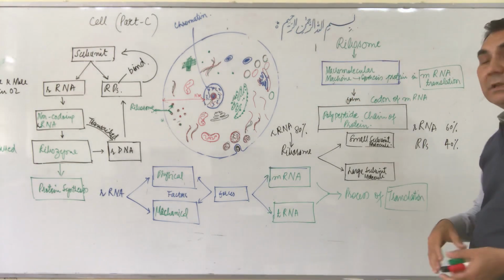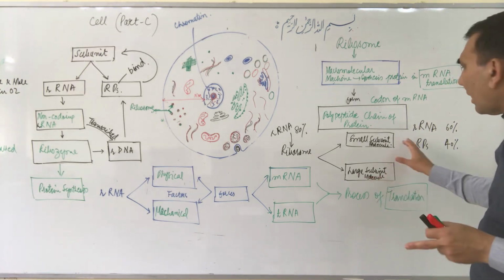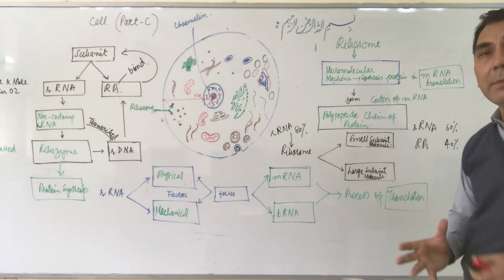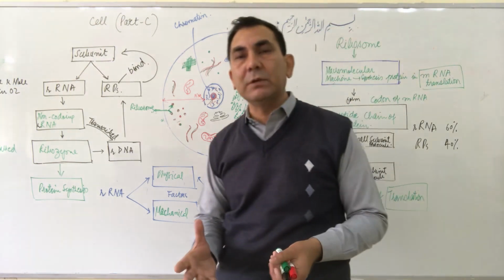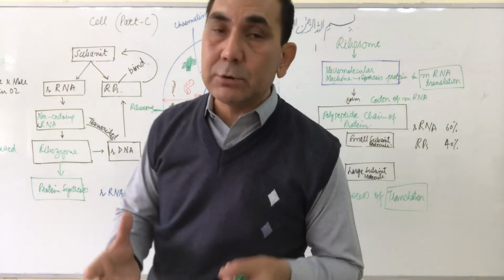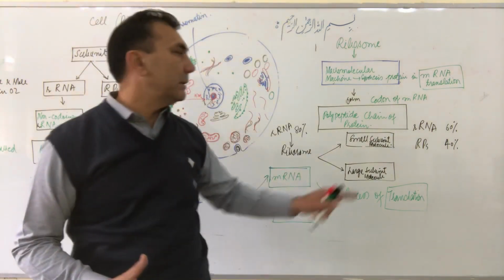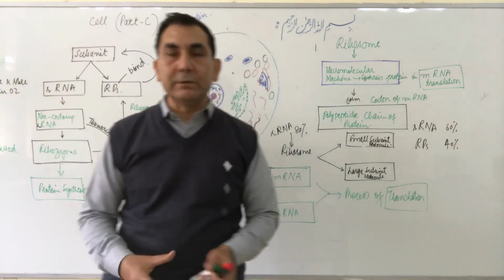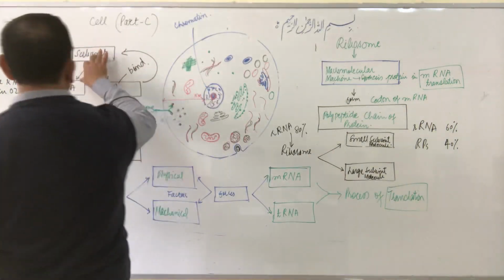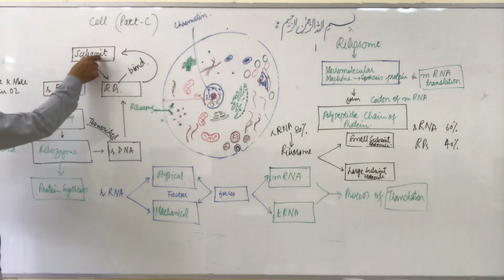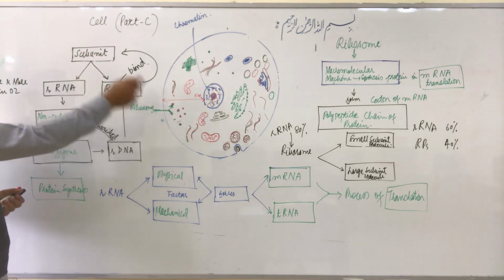Now, ribosomes consist of 60% ribosomal RNA and 40% ribosomal protein. The ribosomal protein is the main component of the subunit of the ribosomal molecules.